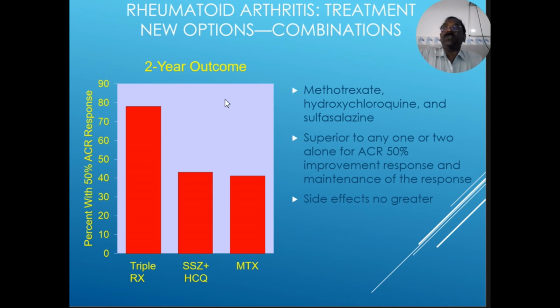So this slide clearly shows you the triple drug therapy is very much useful in the management of rheumatoid arthritis. Superior to any one or 2 alone for ACR 50% improvement response and maintenance of the response. Side effects, no greater. So don't bother about the side effects of these multiple drugs.